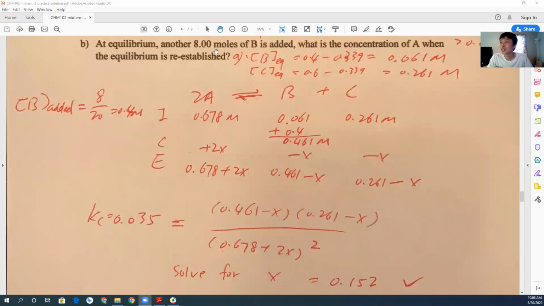For example, if I proceed with the calculation, it's going to be something like this. It would probably take you 5 to 10 minutes to solve this without a calculator. So if in the exam you leave your answer like this, without solving for x, I will give you full credit.